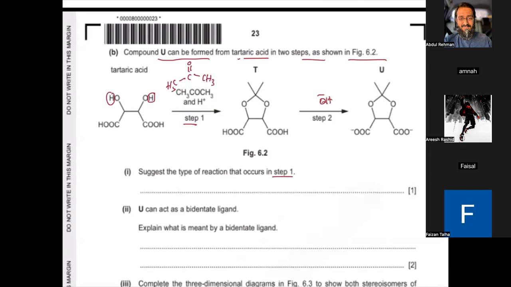If you remove these two hydrogens and remove this oxygen, these three combine to form water, and when the water is formed, these two are removed. See, these two carbons' oxygens are bonded to a carbon with the CH3 on both sides, right? So yes, it's a condensation reaction because the water is removed. So it is a condensation reaction.